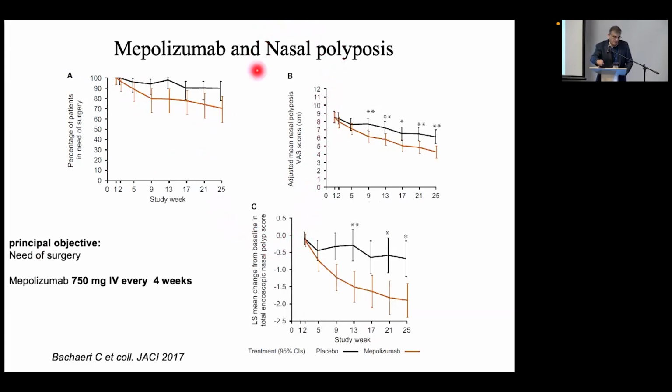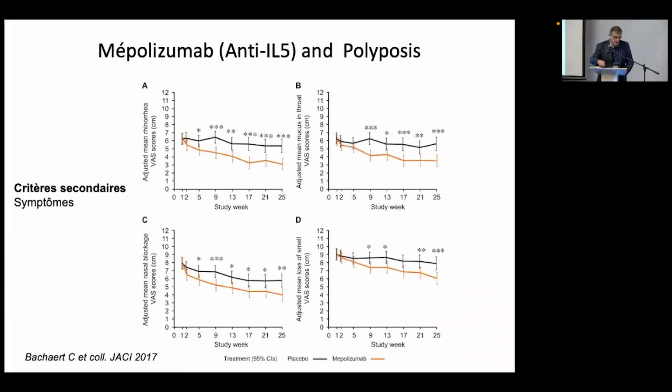The adjusted nasal score, the VAS score, also you have an improvement using the mepolizumab, and also you have a decrease of the nasal polyp score.